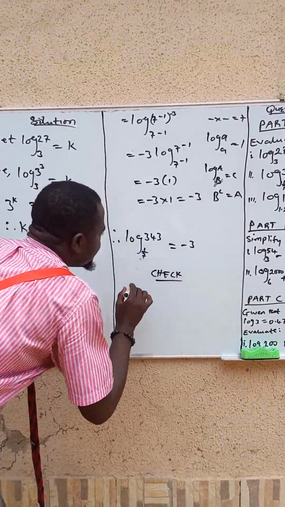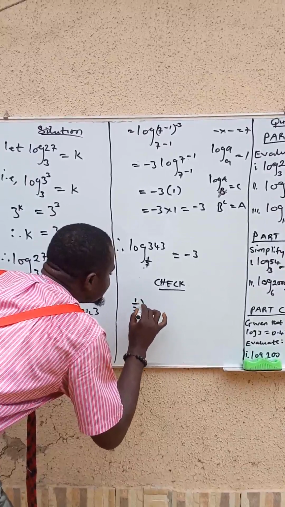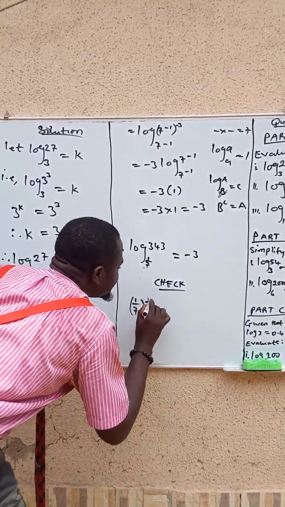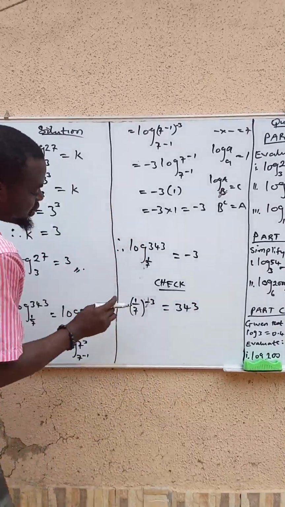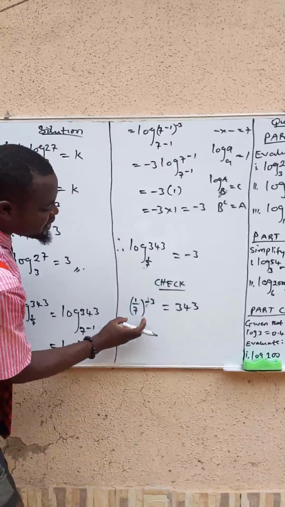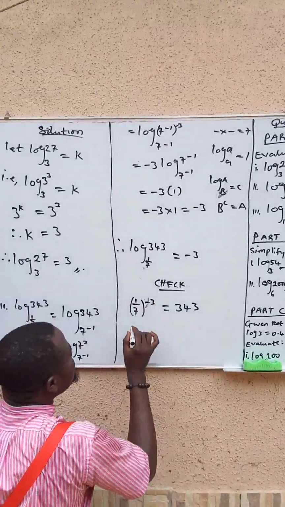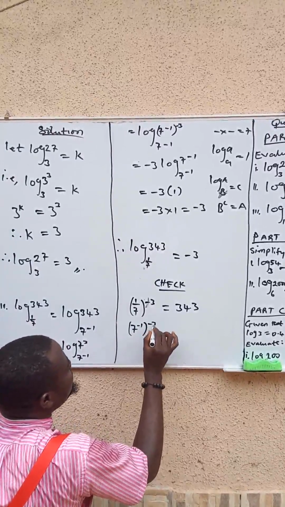Check. Now from that, we see that 1 over 7 raised to power of minus 3 is equal to 343. What we are checking is whether the left hand side is equal to 343. Now 7 raised to power of minus 1, all raised to power of minus 3.